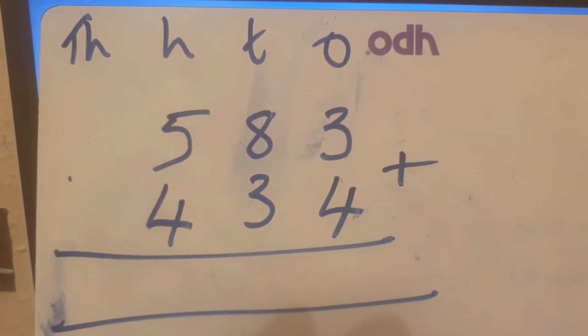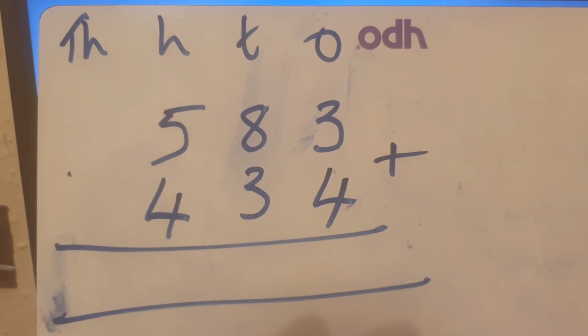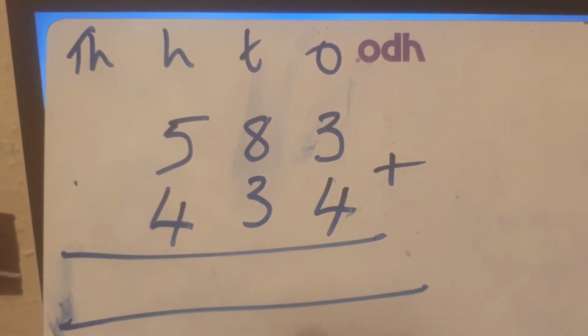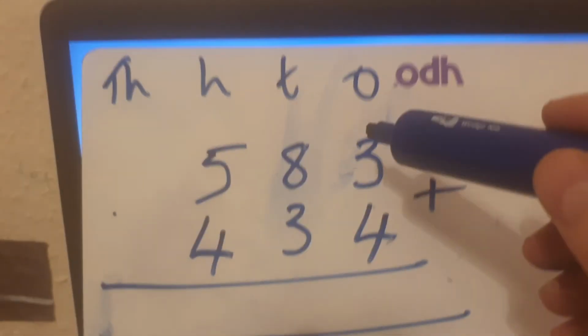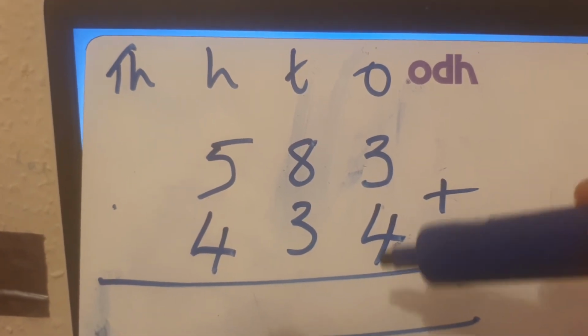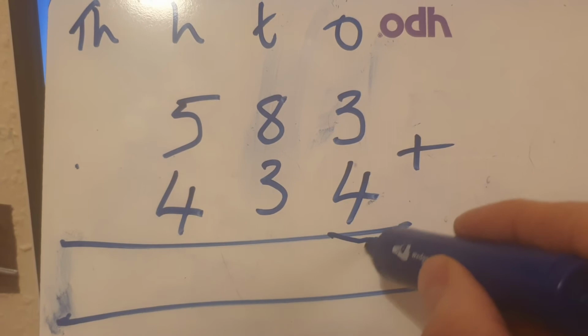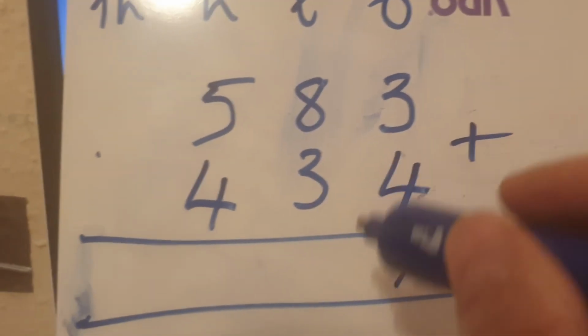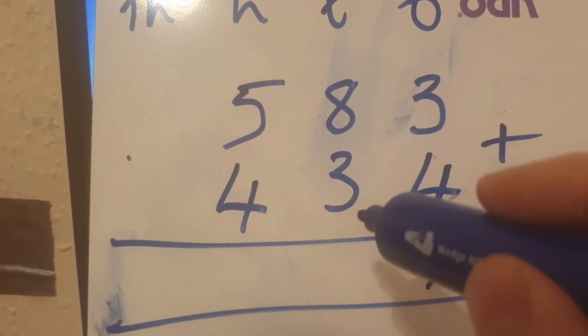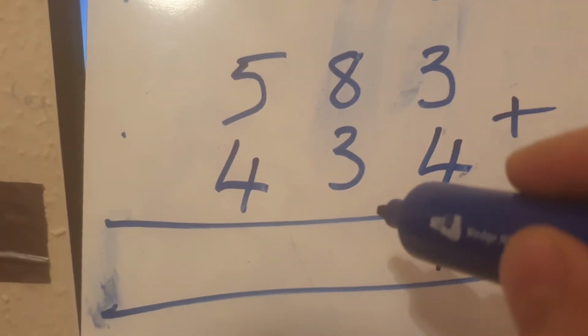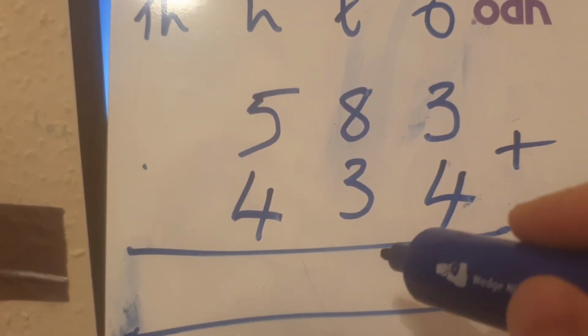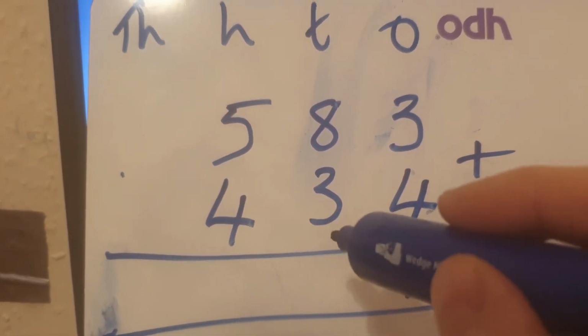Okay, so if I was doing that as a column addition, like you'll be doing in your lesson today, now we've got 3 add 4, or 4 add 3, which is obviously 7. Then 8 add 3, so we know 8 add 2 is 10, so add 1 would make 11.